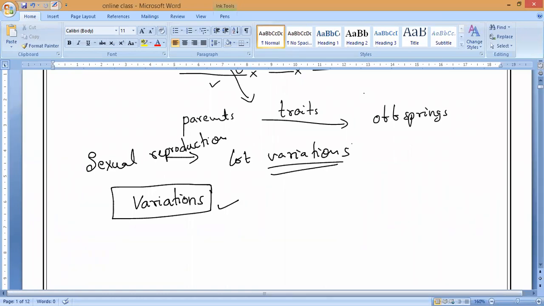Yes, it is good. For example, in asexual reproduction, sugarcane plants, as I told you in the last class, reproduce by asexual reproduction. Yes or no, guys? If you cut a sugarcane and bury it in the soil, all the new sugarcane plants coming from it are similar.